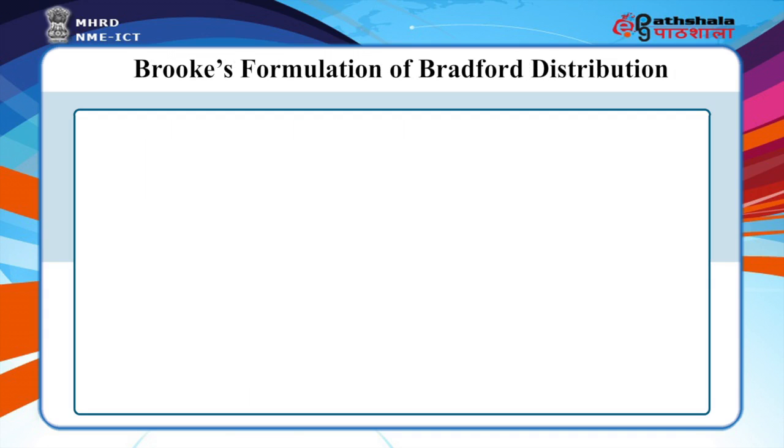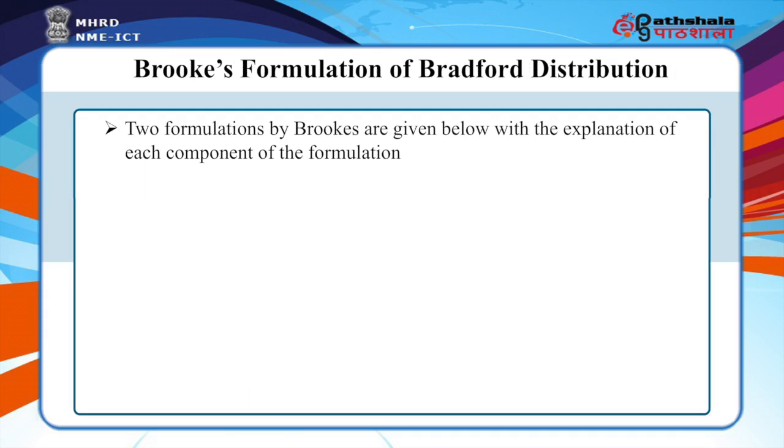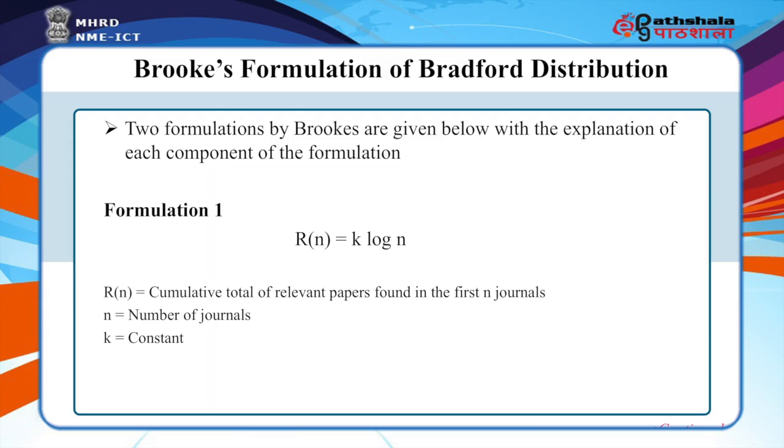Brooks' formulation. Two formulations by Brooks are given below with the explanation of each component of the formulation. Rn = k log n, where Rn is the cumulative total of relevant papers found in the first n journals, n is the number of journals, and k is the constant.